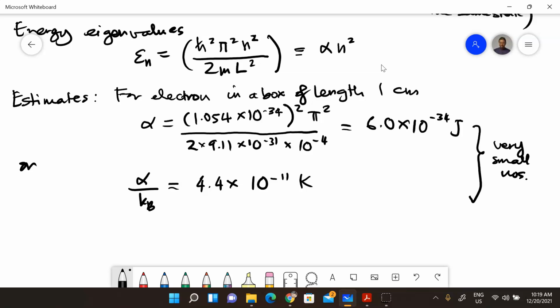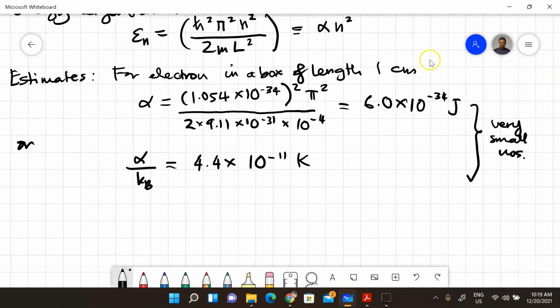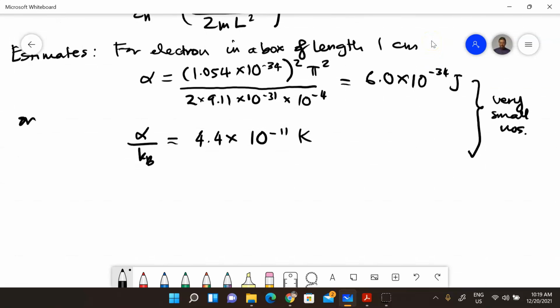One could try to see how this depends on the temperature, for example, or how this depends on the size of the box. So one can calculate a few more quantities. Let's call the temperature T here.